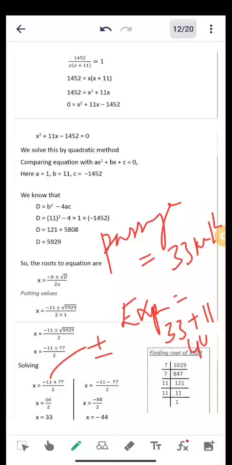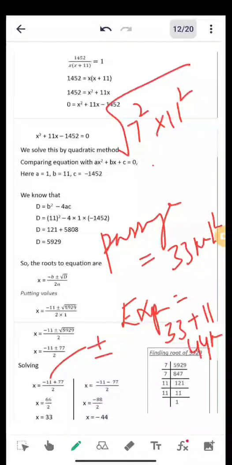For the square root part, you have done square roots in previous classes. Hope you don't have any doubt in that. Find prime factors and find the square root. You can make pairs of the numbers for those who still have a doubt. 7 square and 11 square under root, square and root get cancelled, so 7 into 11 is 77.